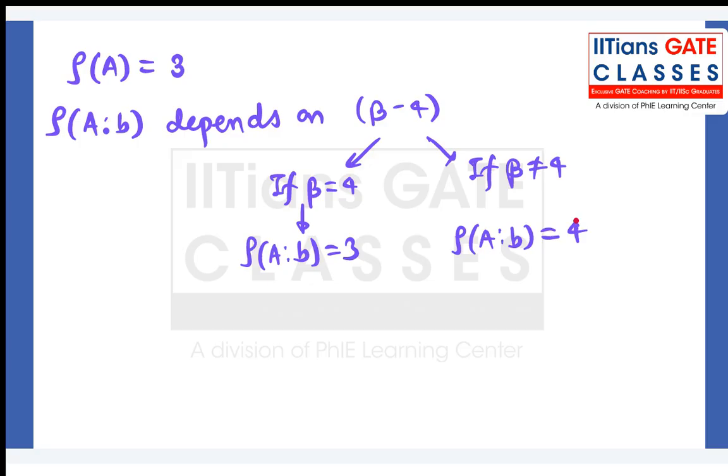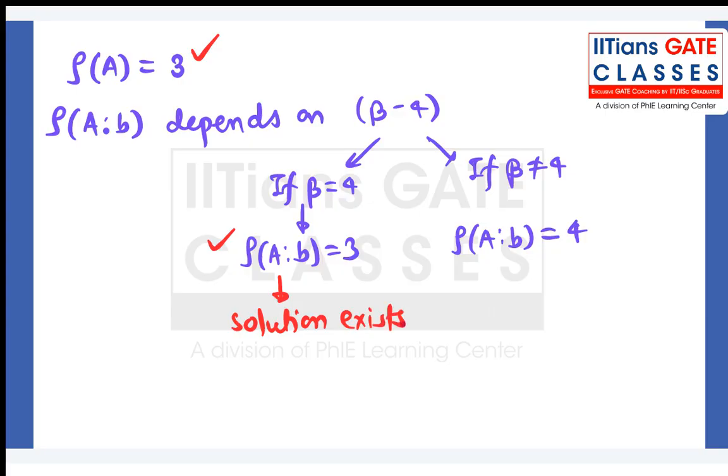Okay. So now based on this information, you have to deduce: because rank of A is 3, and if rank of the augmented matrix is also 3, in that case this system will have a solution. Okay. So a solution exists.